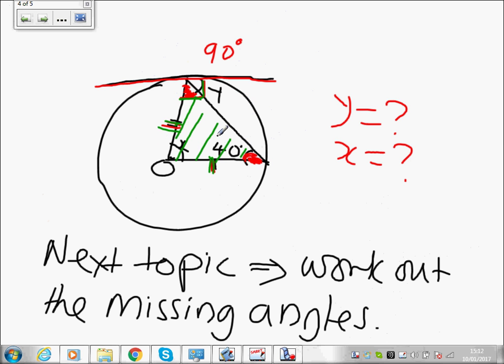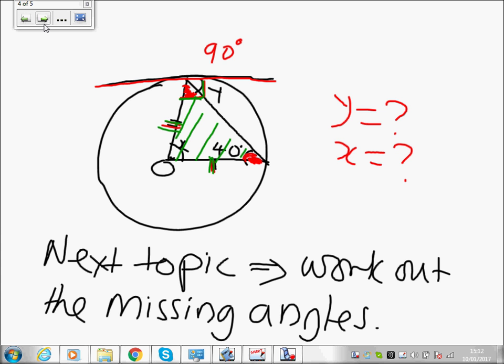Because of the properties of an isosceles triangle, which is this whole triangle here, I'm going to shade it in green. This triangle is an isosceles triangle because these two sides, the radii, are equal, therefore the base angles are equal. This angle is given to us, which is 40 degrees, therefore this is also 40 degrees.